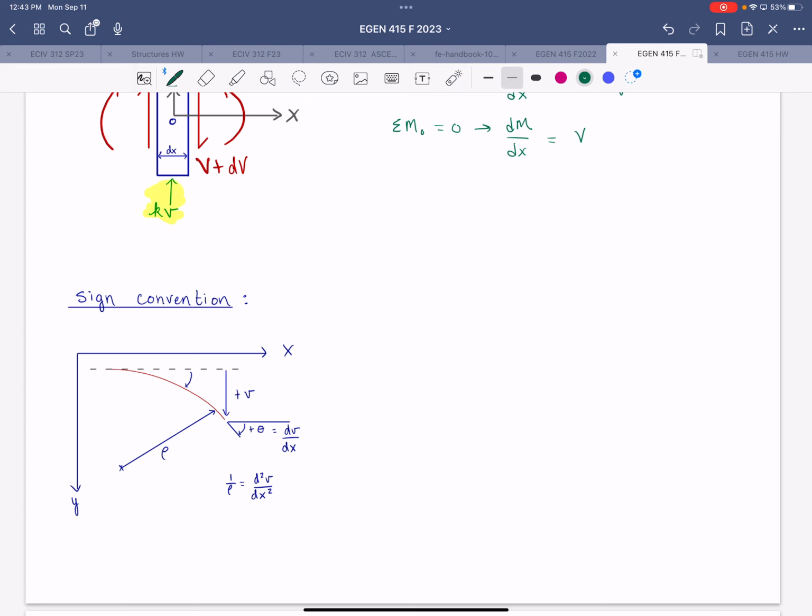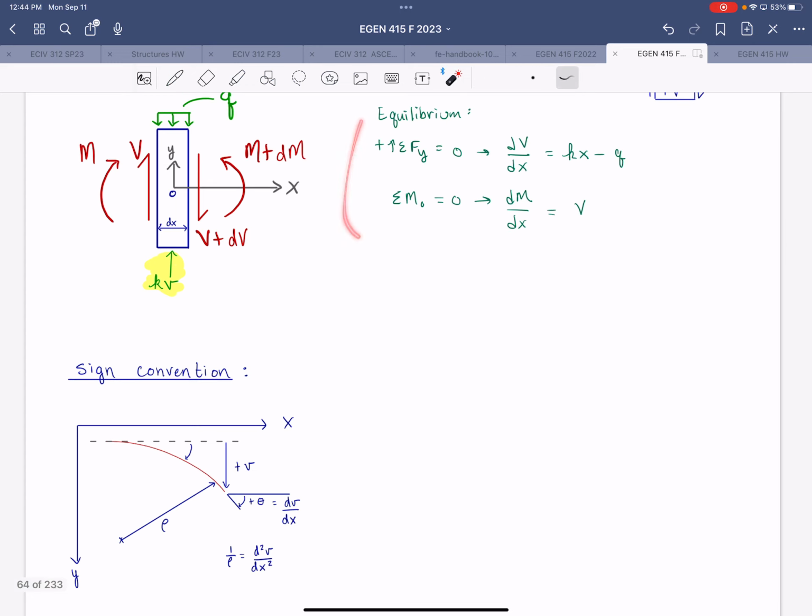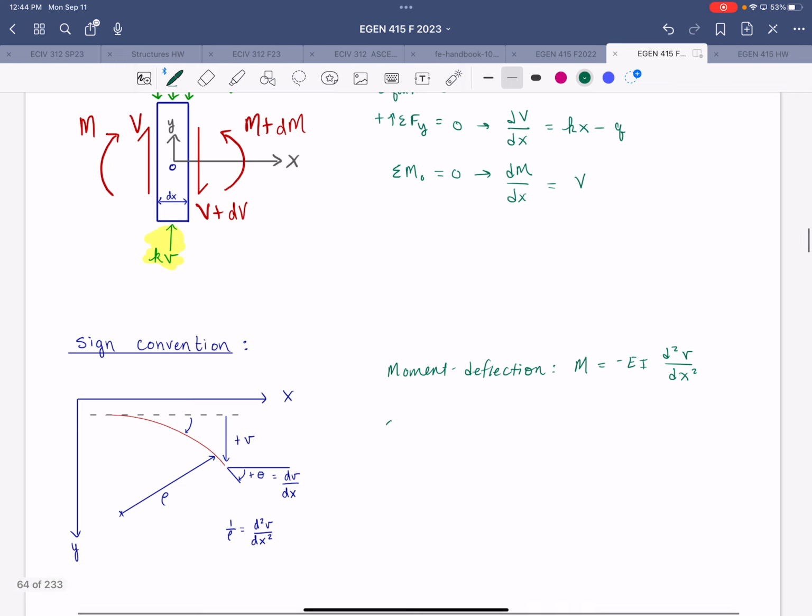And from these expressions, applying our regular relationships from there, we can get moment deflection, which would be M is equal to negative EI times the second derivative of deflection with respect to x. We can relate stress to moment.